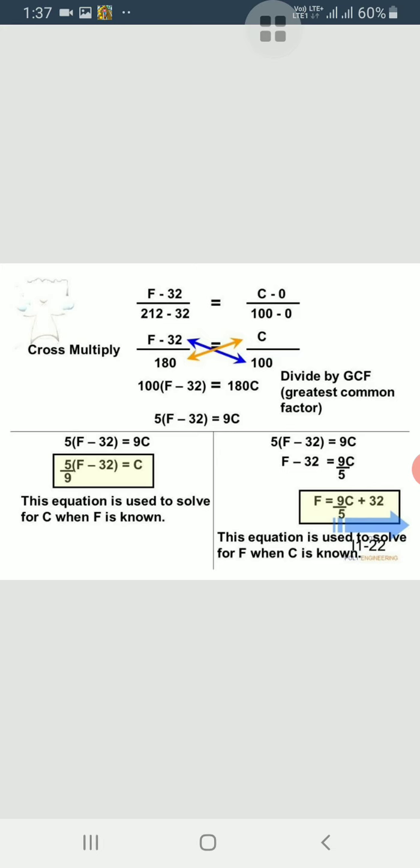Is it clear? And on the other hand, you can see on the right side, the same equation, 5 into F minus 32 equals 9C.